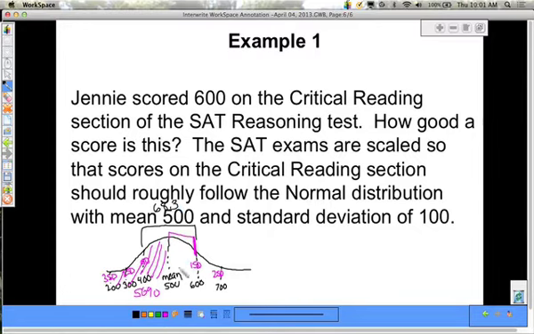So half of that would be 34.15% in this area. So then 50 plus 34.15 would be 84.15. So she was in that 84th percentile. So 84% of the people did worse than her on the test. So that's not too bad.